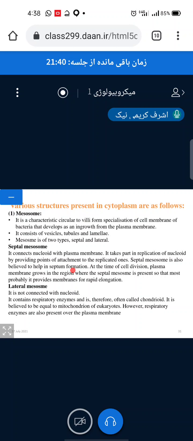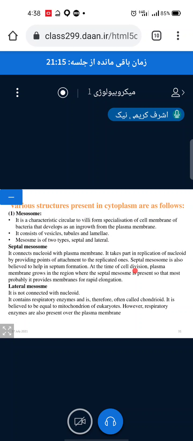In cell division, when a bacterium divides into two bacteria, it needs to repair the cell wall. That is about septal mesosome.